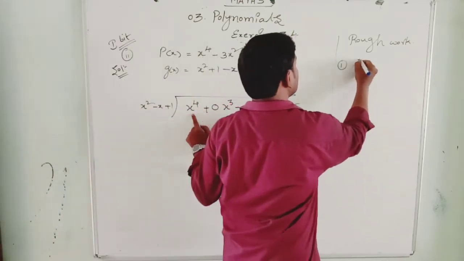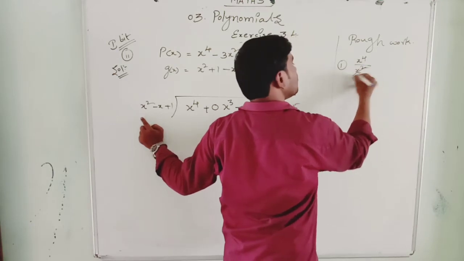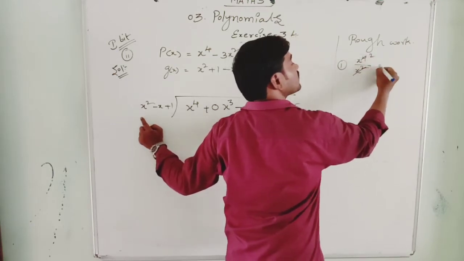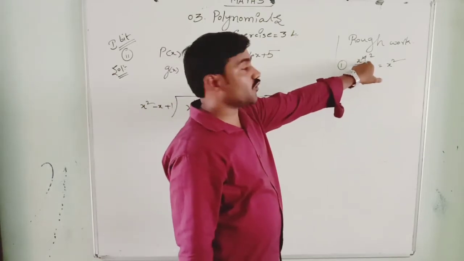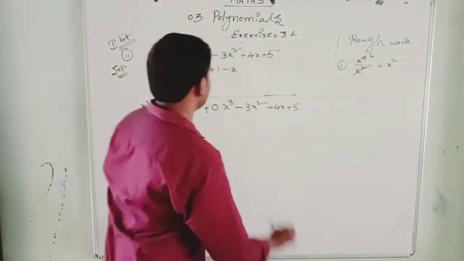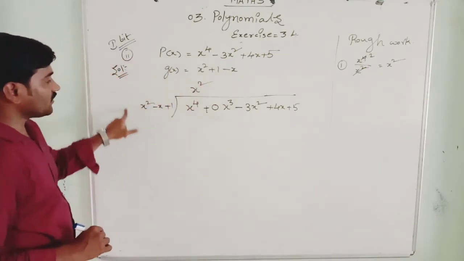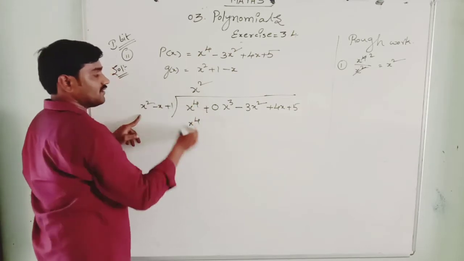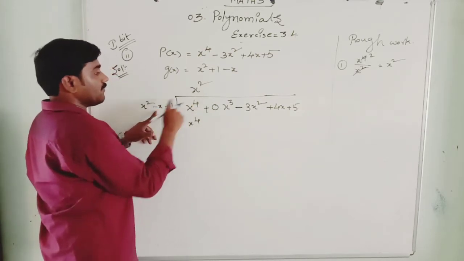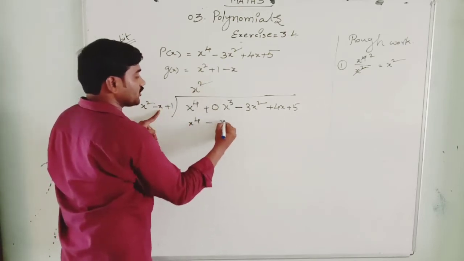Here first x to the power of 4, we have to divide by the highest degree term, that is x square. Out of 4, 2 are cancelled, 2 will be left over, so I write x square here. With this x square we multiply all of this. X square into x square is x to the power of 4. Minus into plus is minus, x into x square is x cube.